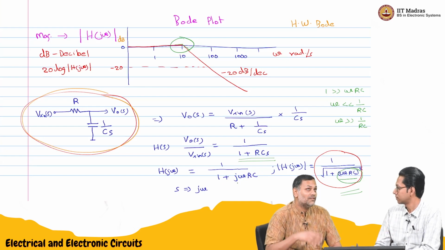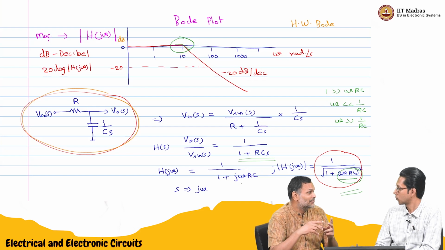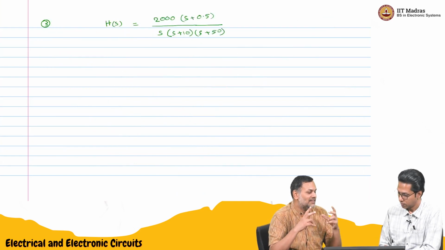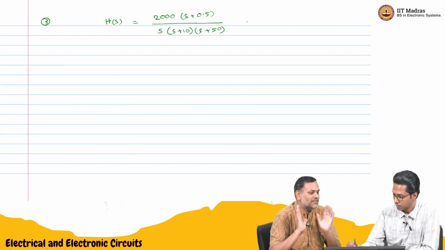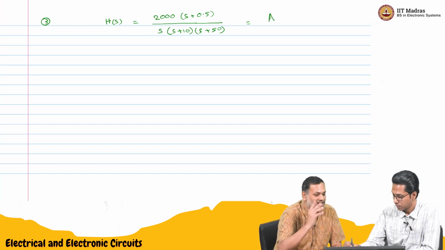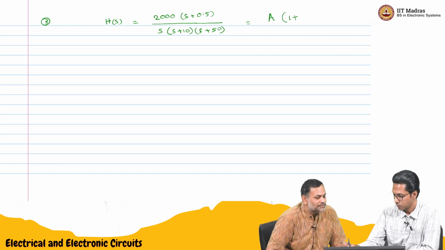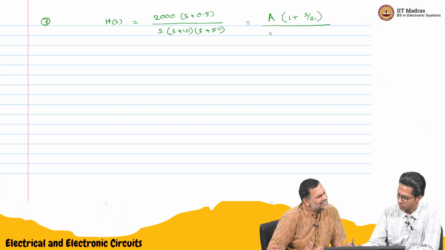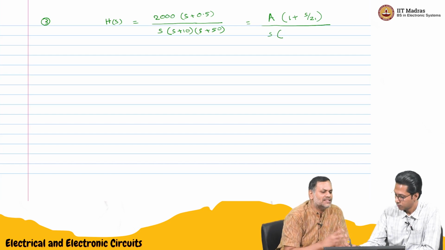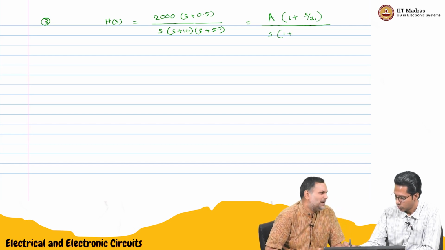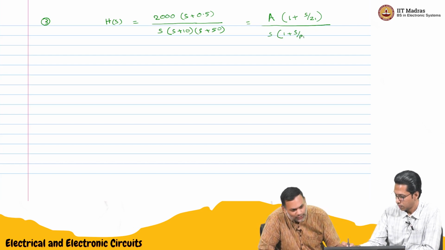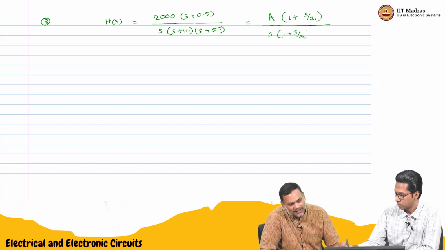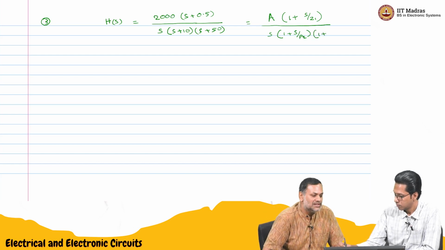So what we want, in a general form, is to write it as some gain A times the general form. Any H of s can be brought to A into 1 plus s by z1, into 1 plus s by z2, and so on, divided by s into 1 plus s by p1, or p2 if you want, because there is one p1 implied, into 1 plus s by p3, some form like this.